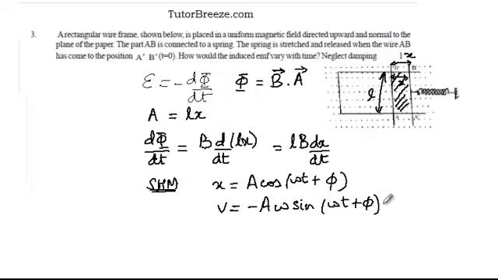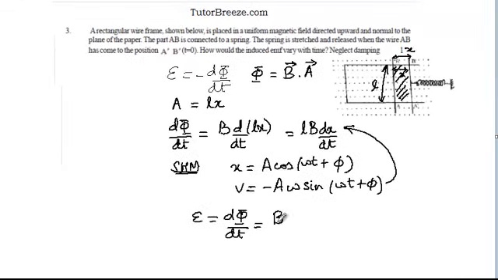Now putting this value for v over here, we get the induced EMF, which is equal to d phi by dt, is equal to the magnetic field, times L, and dx by dt or velocity will be given by A omega sin(omega t plus phi).